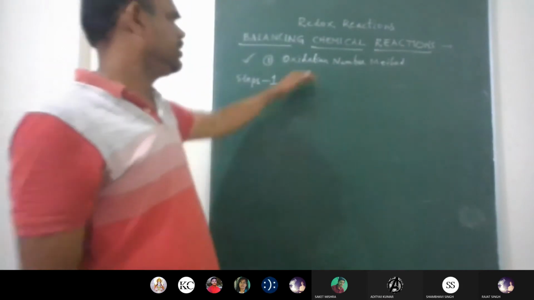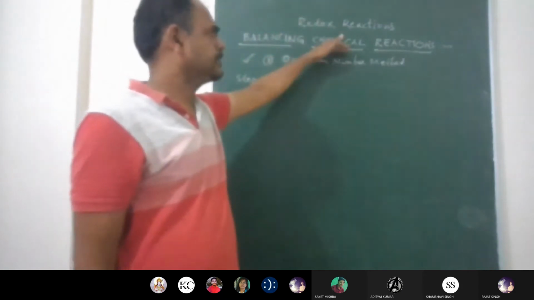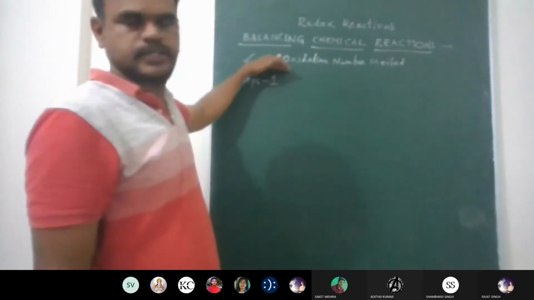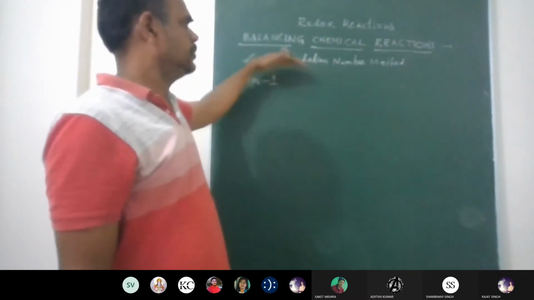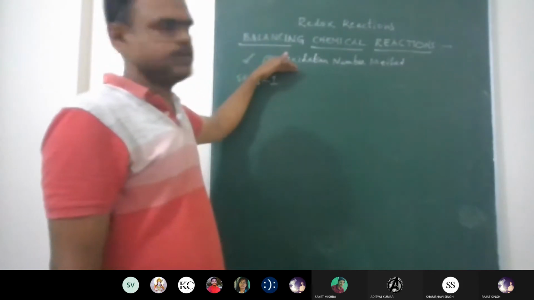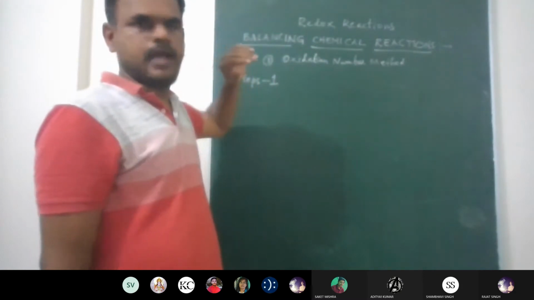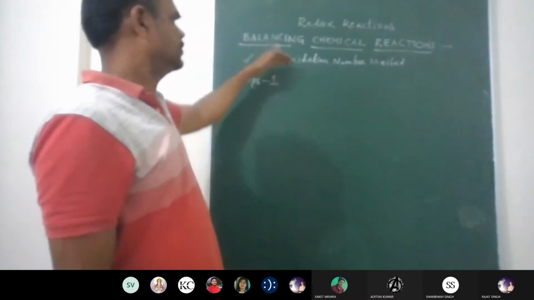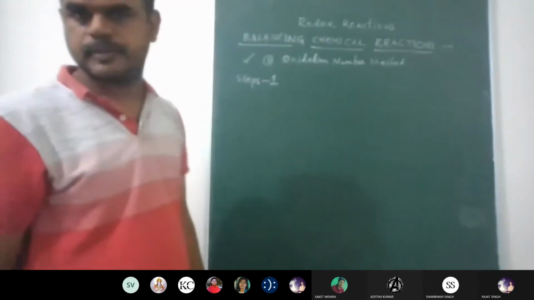That means in this method, in the particular chemical reaction, we should find which substance is getting oxidized and which substance is getting reduced. We should find the decrease and increase of oxidation number, and based on that we should balance the chemical equations or chemical reactions.